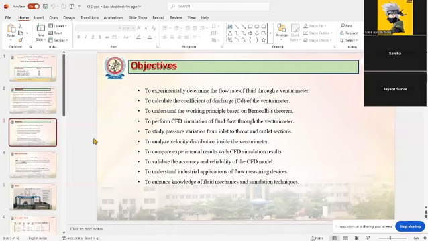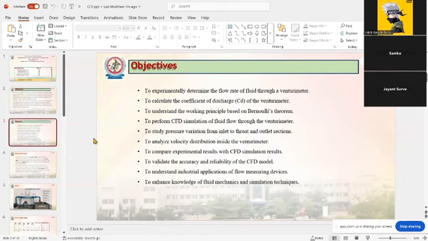To study the pressure variation from inlet to throat and outlet sections, and to analyze the velocity distribution inside the venturimeter. We have analyzed the velocity distribution using velocity contours, which we'll discuss in the result section.